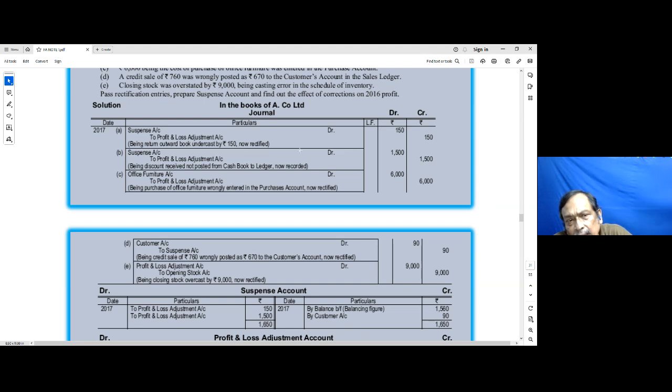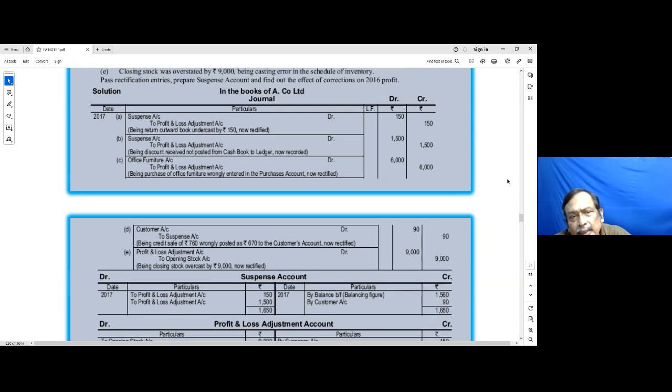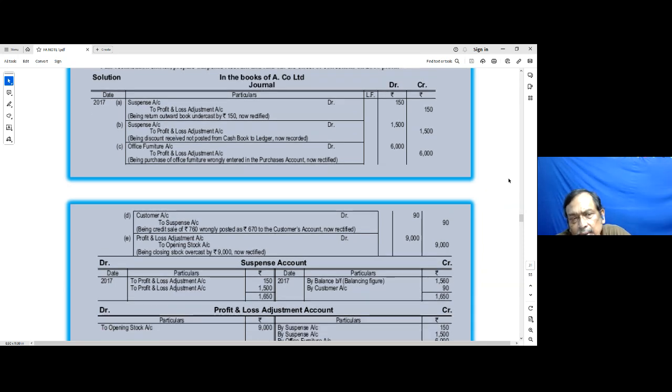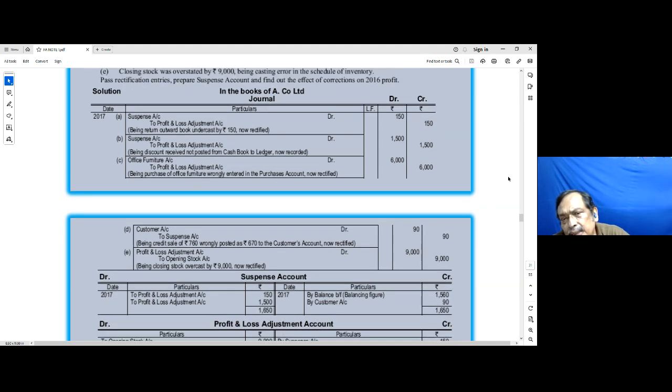Remember, we are adjusting through profit and loss adjustment because account is closed and rectifications are actually being made at the beginning of the next year. So the entry will be office furniture account debit 6,000 to profit and loss adjustment account. Being purchase of office furniture wrongly entered in the purchase account, now rectified.